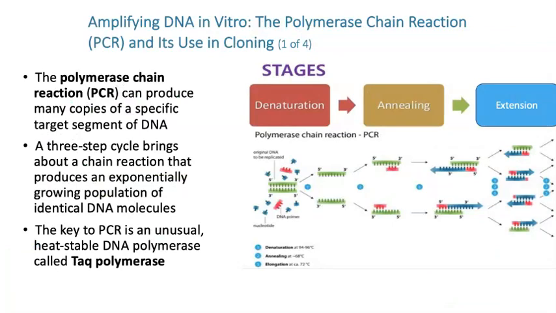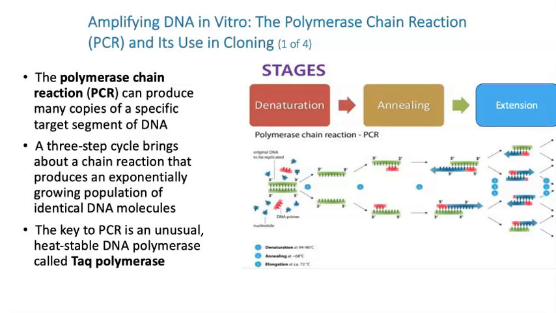After you do DNA cloning, you could retrieve that piece of DNA and make lots of copies of it in a machine in a process called a polymerase chain reaction, or PCR. So I'm going to describe to you now the process of polymerase chain reaction, or PCR.